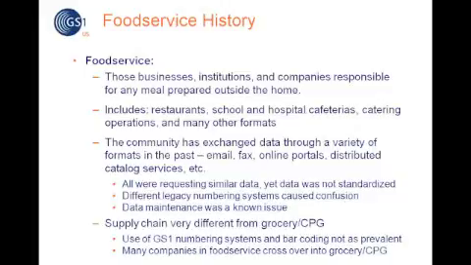This causes confusion with different legacy numbering systems. Data maintenance is very, very difficult, so in the initiative, we recognize that we need to get our arms around this. We need to start standardizing what we're calling our products and standardizing our locations, standardizing the information so that we can all benefit from the efficiencies to be gained there.